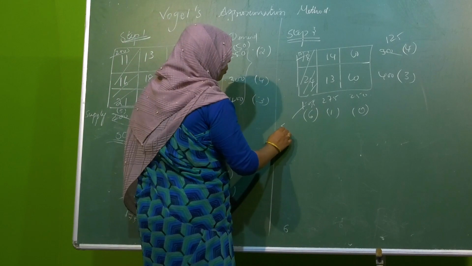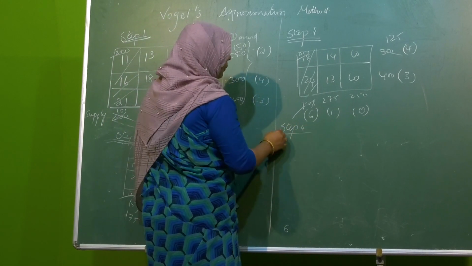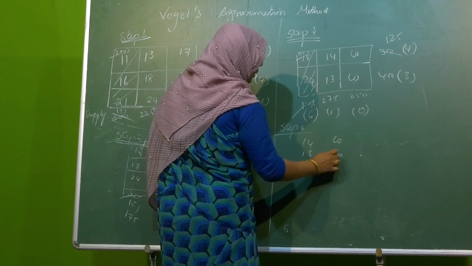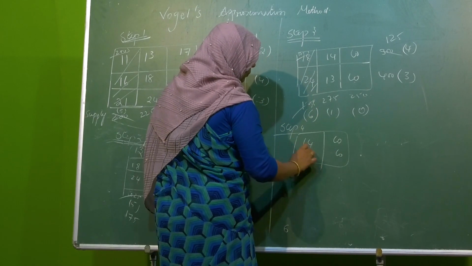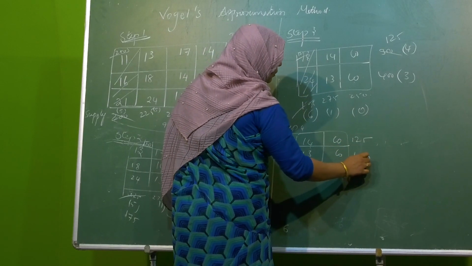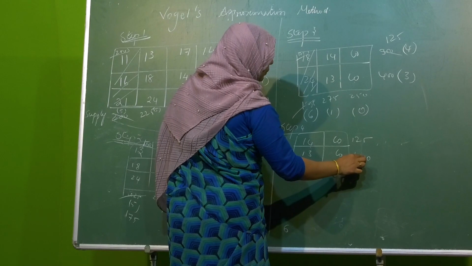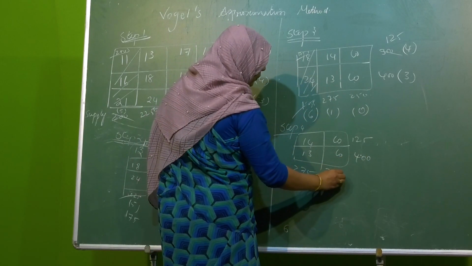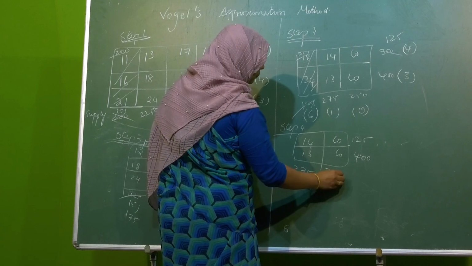So now move on to step 4. 14, 10, 13, 10. So 125, 400, 275, 250.